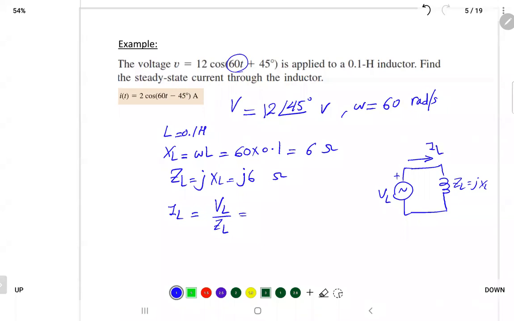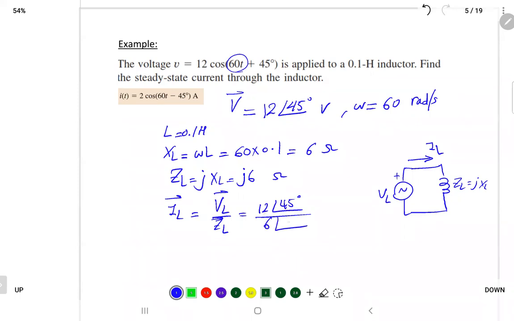So it's very simple using phasors. If you like, just make the phasor like that, so you know it has magnitude and direction. The voltage across the inductor is the same as the supply, equal to 12 with angle 45, and the impedance of the inductor is equal to j6.